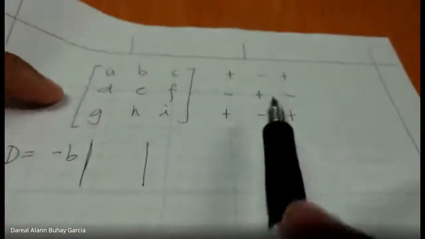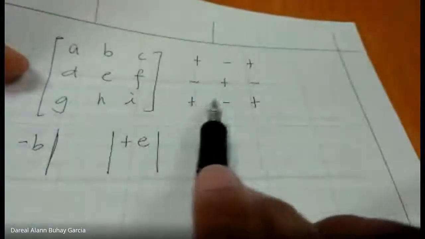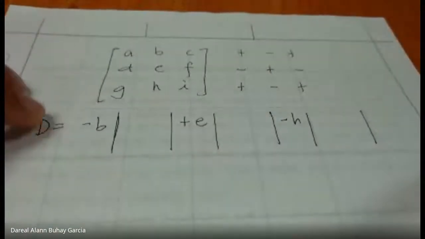So negative B, yung submatrix is 2 by 2, so multiplied by the determinant of a submatrix, plus E, minus H.